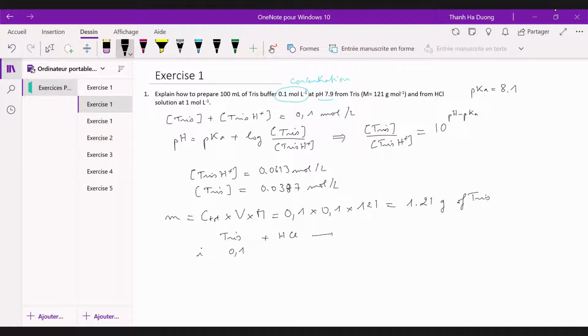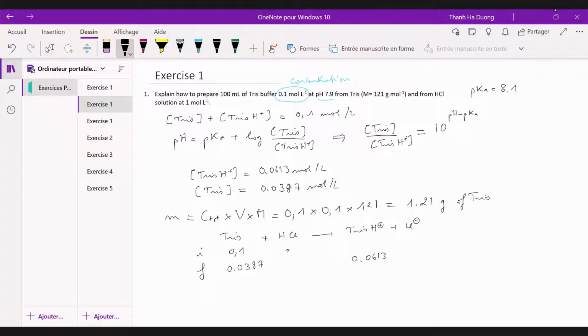So we need the volume of hydrochloric acid you will add to obtain at the end the concentrations we calculated. At the end, we know that we need 0.0387 of Tris and 0.0613 of Tris H+.